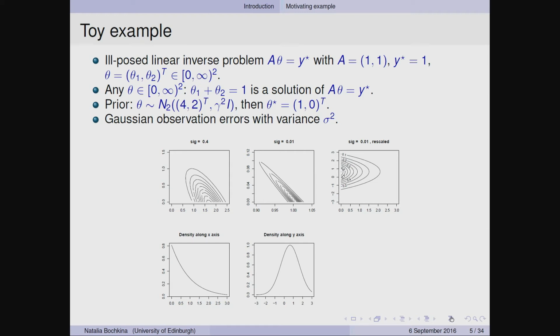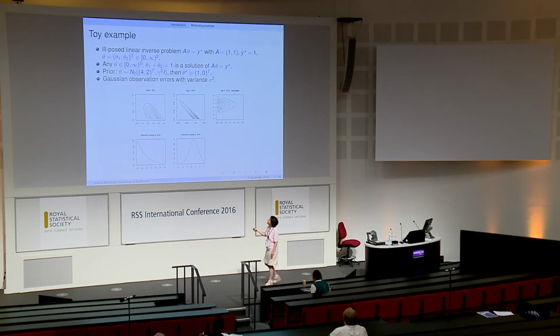Say we have Gaussian observations, and when we plotted the posterior distribution and the contours, this is what we were getting. This is a medium sigma. Then when we were decreasing sigma, these were the type of shapes we were getting. This is recentering and rescaling. We just swapped the axes, I think. And these are the densities along the y-axis.